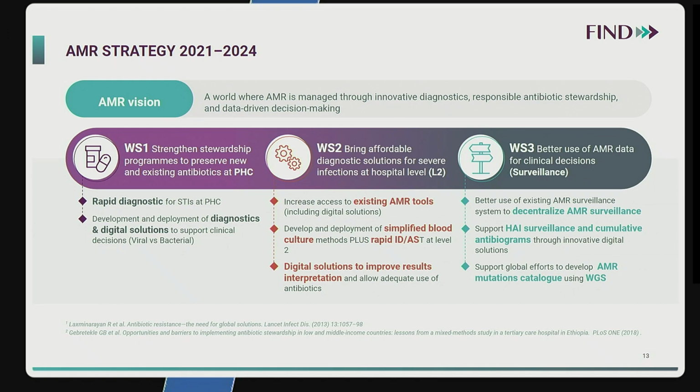On the second work stream, you can think about a hospital. As I mentioned, the MAP report identified the lack of affordable diagnostic solutions for severe infections, particularly at hospital level. We know that this lack of access is not only related to price. Most of the time it's about price, but also about the tools not being suited for those settings.